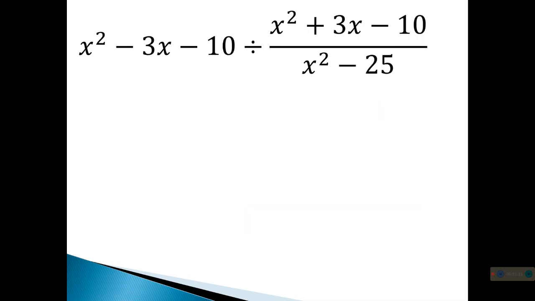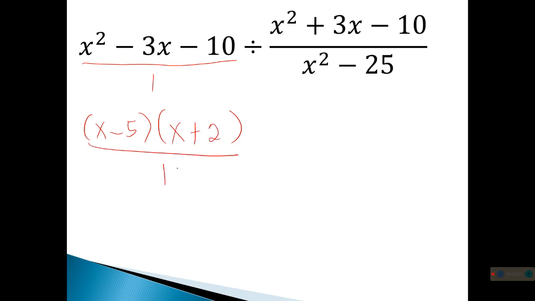Okay? Next, wow, still we are given trinomials and binomials. Okay, so it's challenging to factor this out. So x squared minus 3x minus 10 over 1 will become, the factors are x minus 5 times x plus 2.